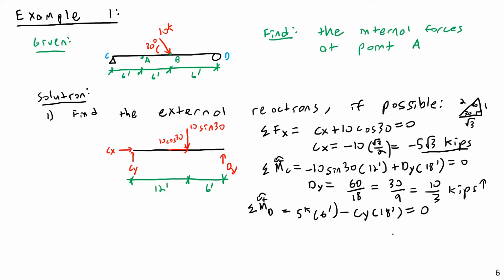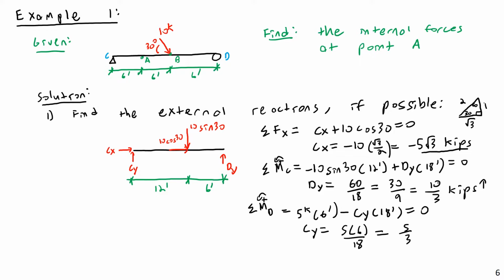And then all this comes to 0 because, of course, this is statics class. And then Cy is going to be equal to 5 times 6 divided by 18, or that would come to 5 over 3.